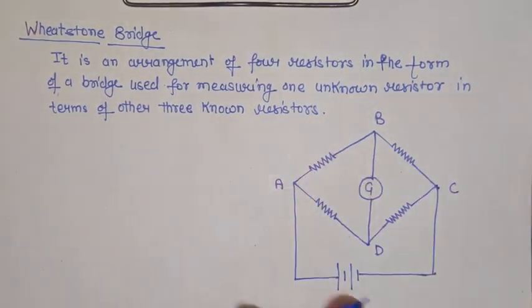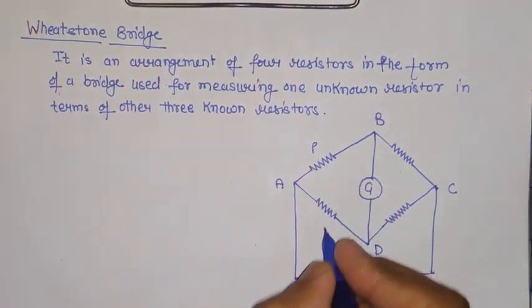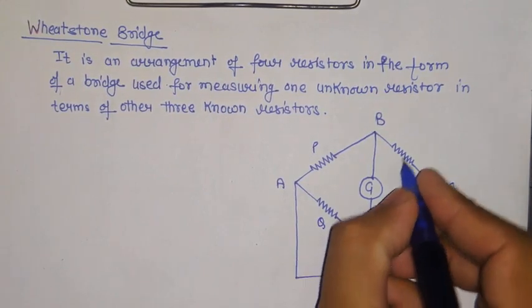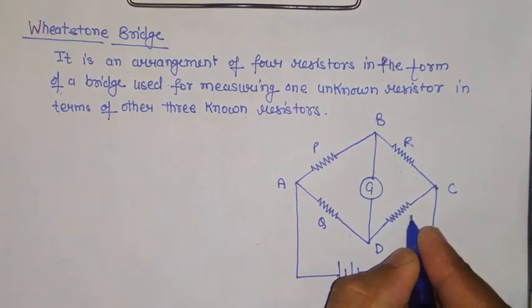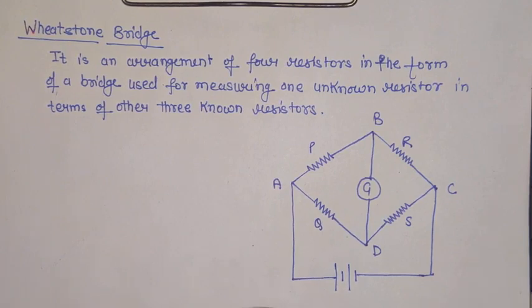This is the diagram of Wheatstone bridge. This bridge has four resistors P, Q, R, S. All resistors are connected to each other in different combinations with a battery.